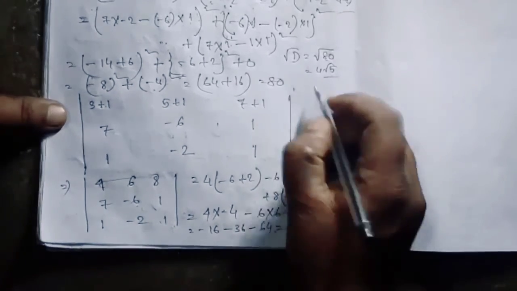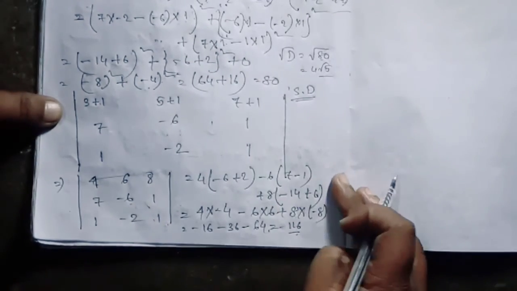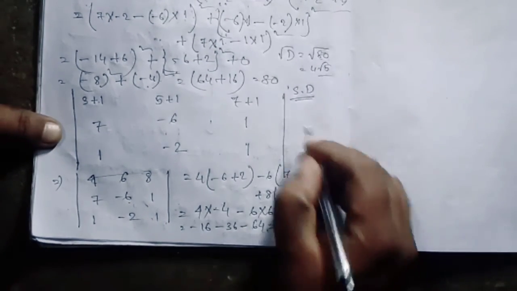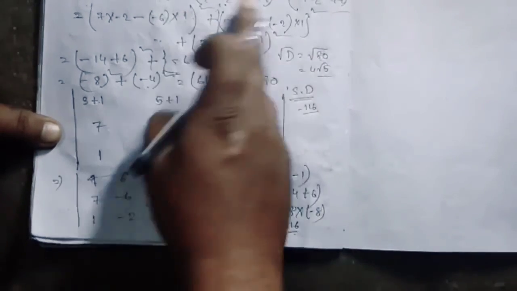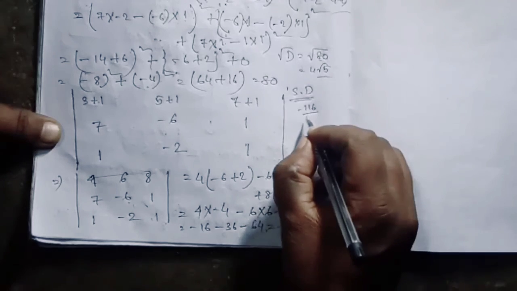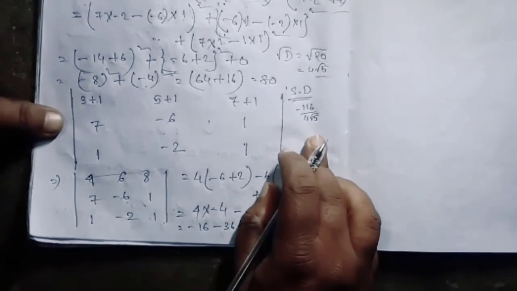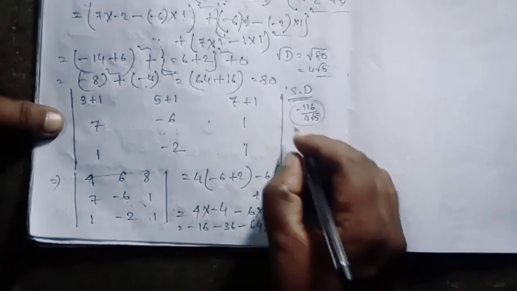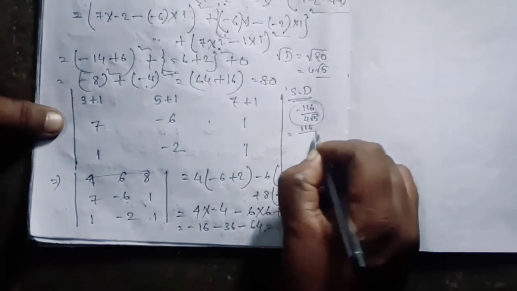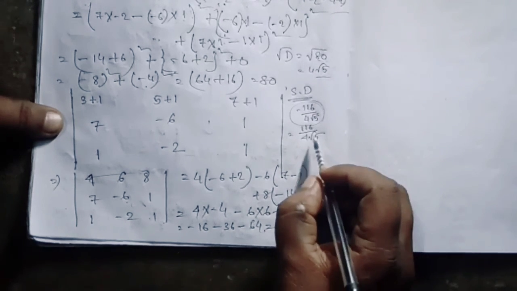So the shortest distance between these two straight lines is minus 116 by root D, meaning 4 root 5. Now since distance is a non-negative quantity, we take the positive value.